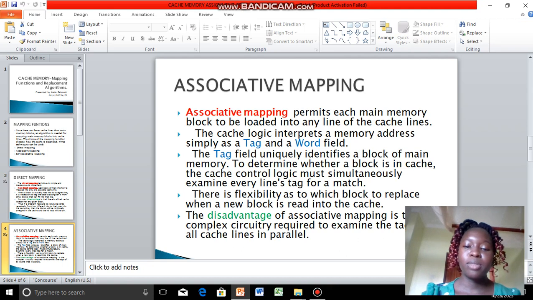For associative mapping, there is flexibility as to which block to replace when a new block is read into the cache. The disadvantage is that complex circuitry is required to examine the tags of all the cache lines in parallel.